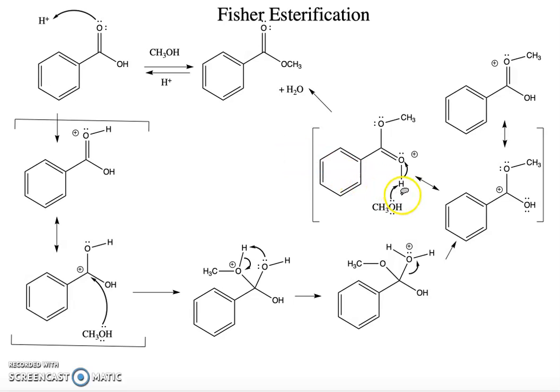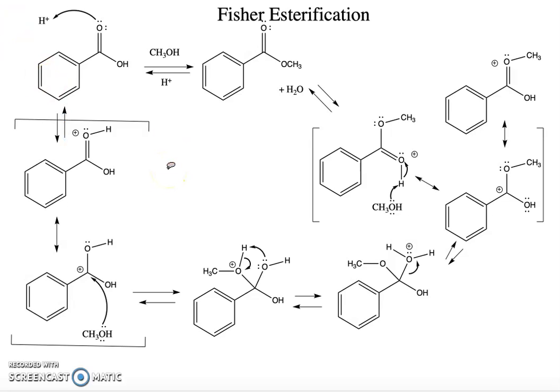So the hydrogen leaves and we get our final product. One thing we need to remember, as I said before, this is an equilibrium reaction. So for all my steps, I have to remember that the arrow should be pointing in both directions, indicating our equilibrium, like that. And that is the mechanism of the Fischer esterification.